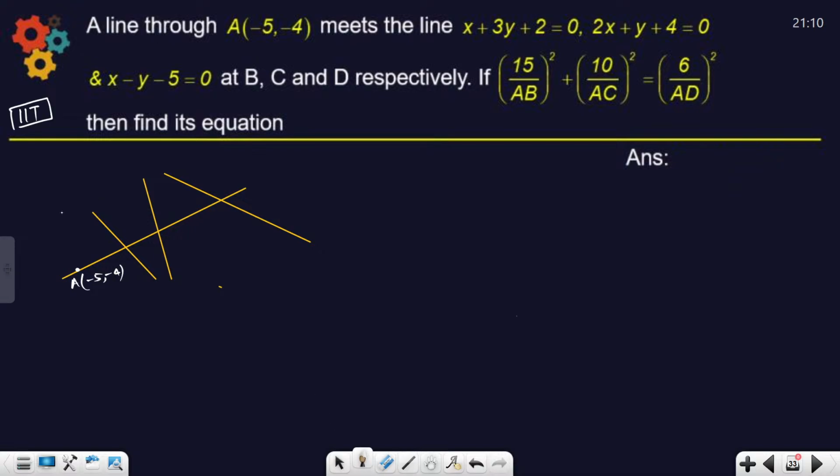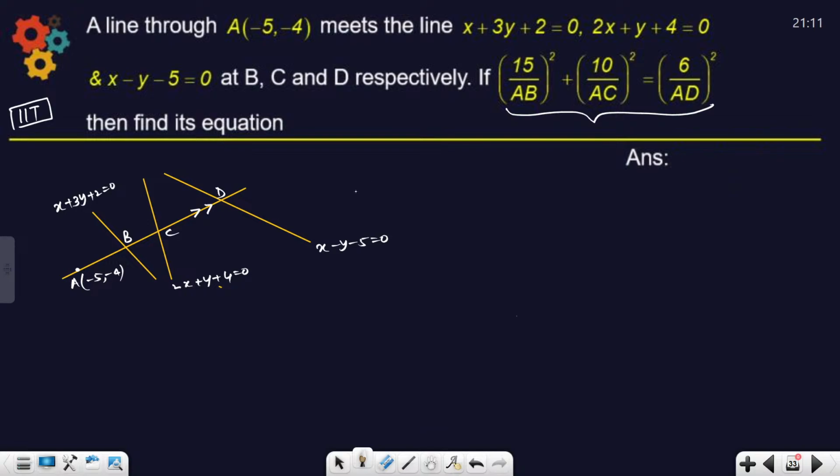The equation of the first line is x plus 3y plus 2 equals 0. The second is 2x plus y plus 4 equals 0. And the third is x minus y minus 5 equals 0, meeting at the points B, C, and D. The question is, if this relation is true, then find the equation of this line.